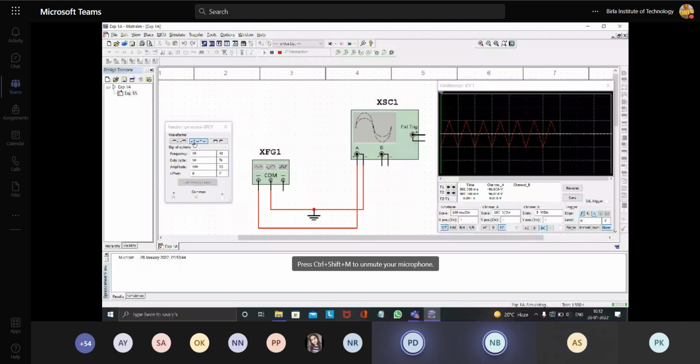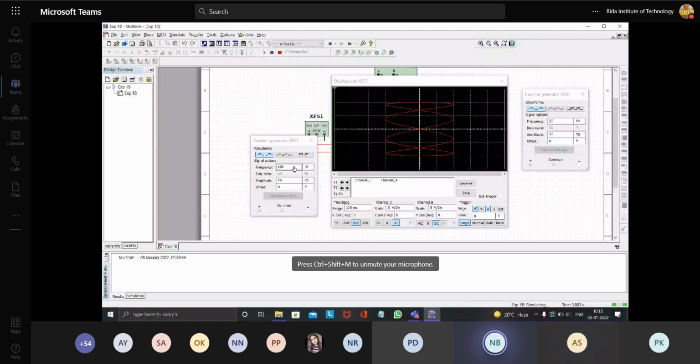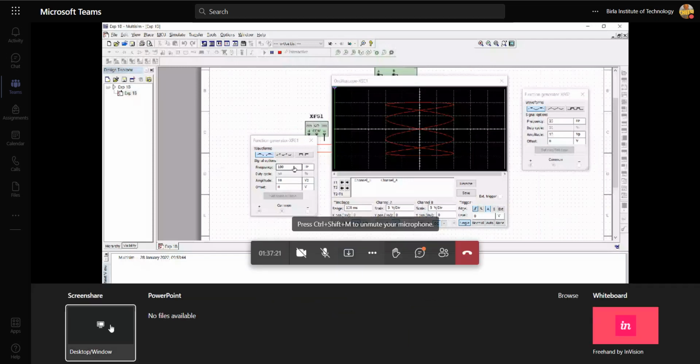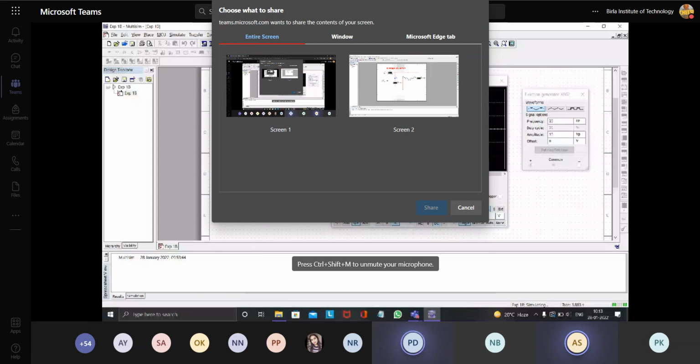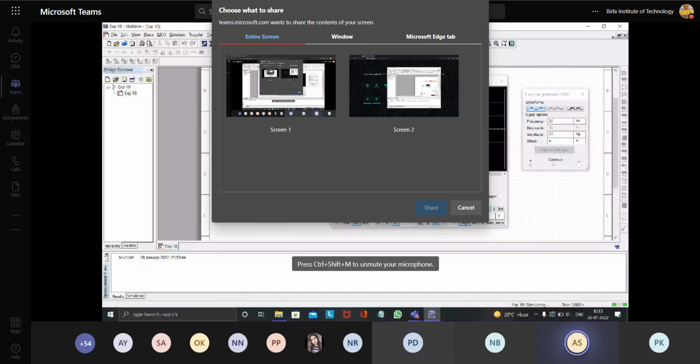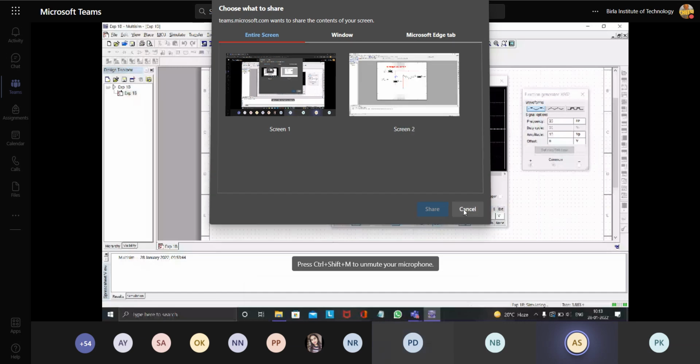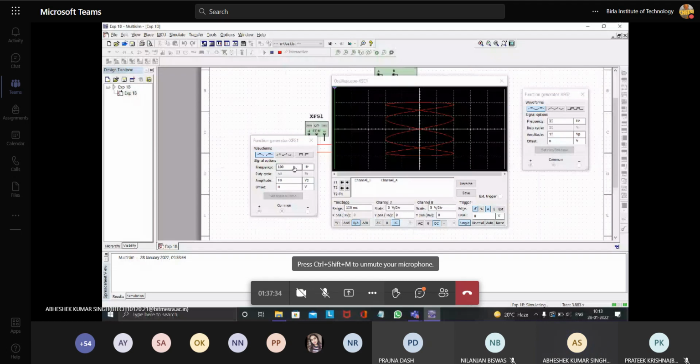We are seeing the same screen of experiment 1. May I close and share it again? Yes, now it is visible. So here is the Lissajous pattern. And when I change the frequency, we get a different pattern.